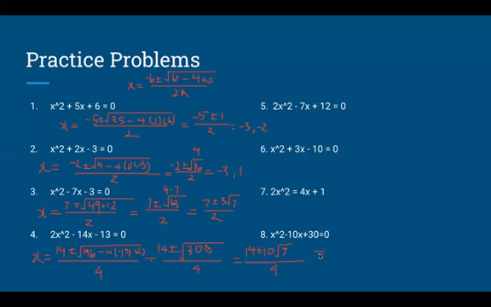And since 4, 14, and 10 all have a common factor of 2, we can simplify once again to 7 plus or minus 5 times the square root of 3, over 2. This is our final answer: 7 plus 5 times the square root of 3 over 2, or 7 minus 5 times the square root of 3 over 2. And you can try the rest yourselves.